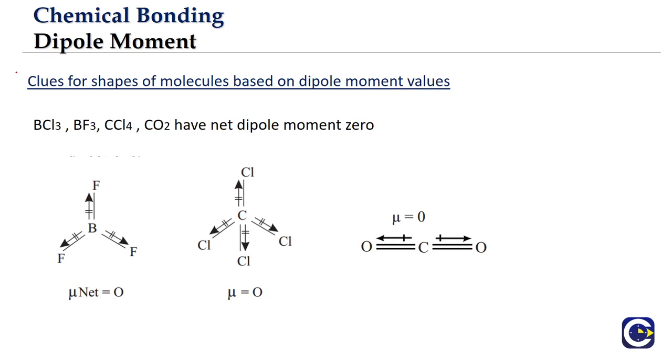And the other application is that the dipole moment will be able to provide clues on the shapes of the molecules. How will it provide clues on shapes of molecules?